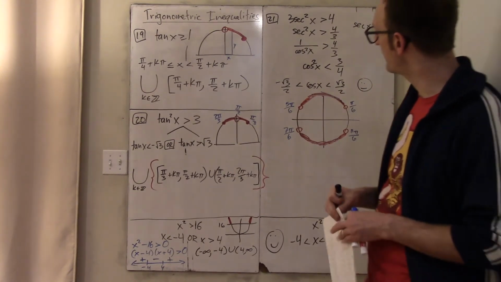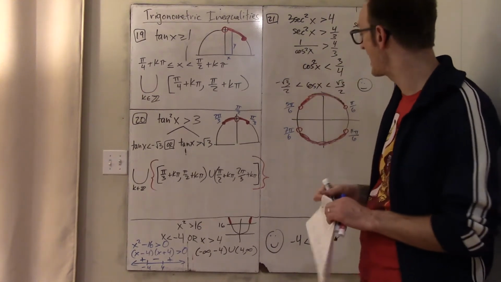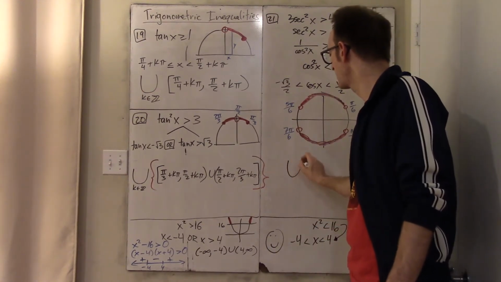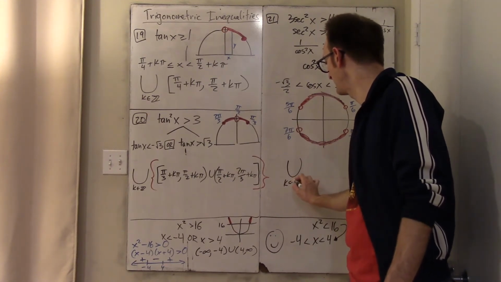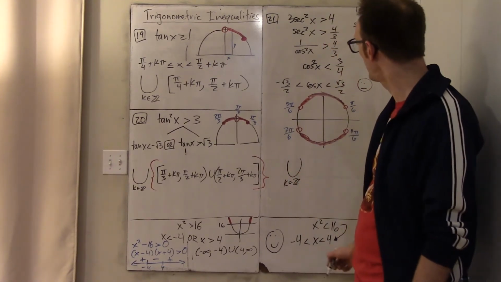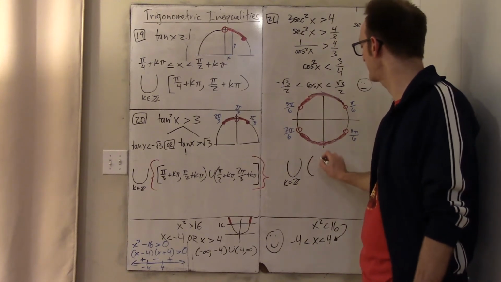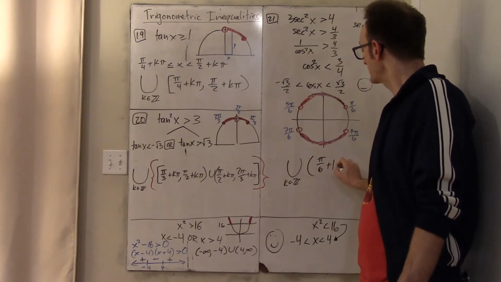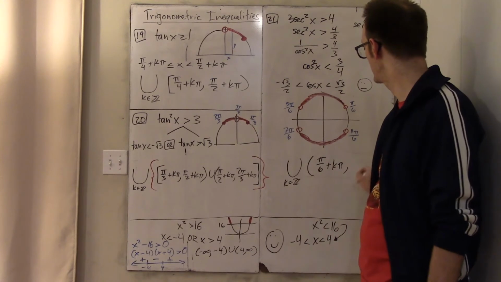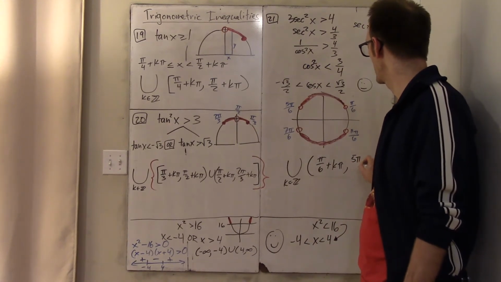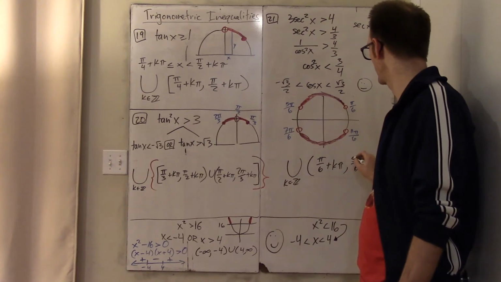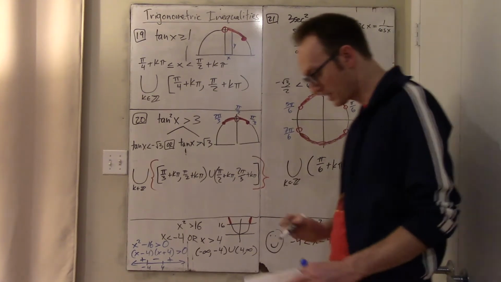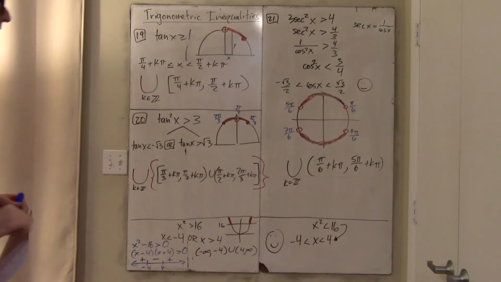Because of the symmetry repeating every pi, we can just say it's the union of all of the intervals of the form pi/6 + k pi to 5 pi/6 + k pi, and knowing that this is just going to repeat from there. Okay. Good? Good. Okay, two more to go on this page.